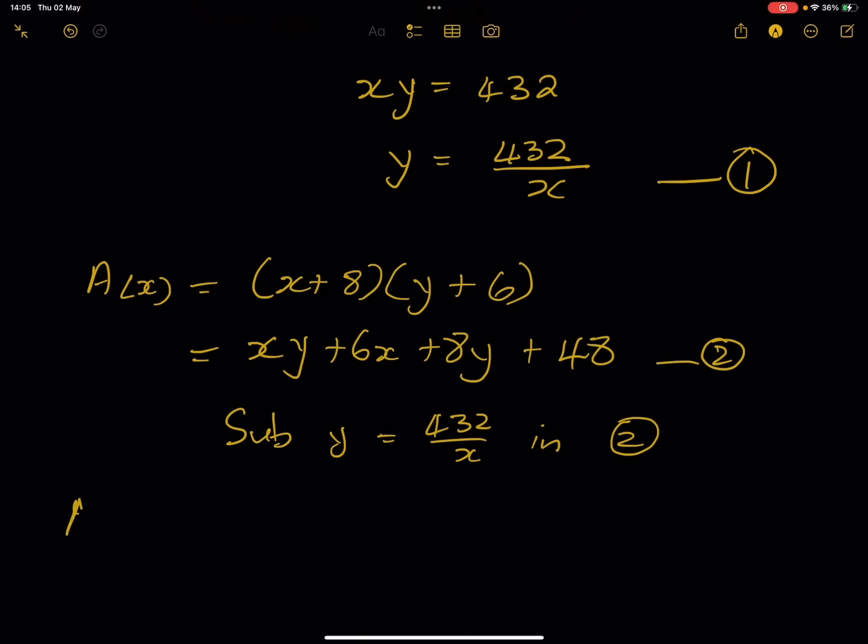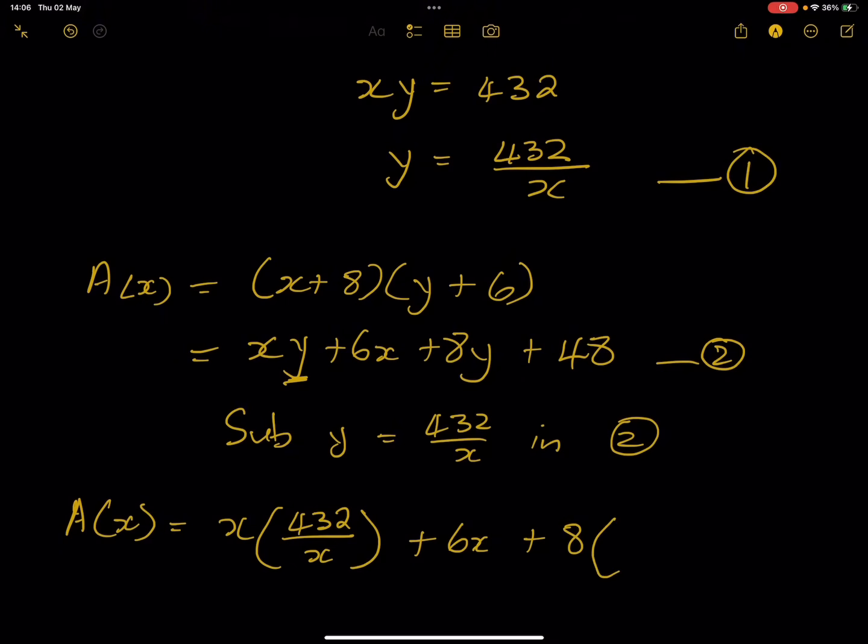So which means a in terms of x will be x times 432 over x, right? So that's y there, plus 6x plus 8, our y value, 432 over x, plus 48.